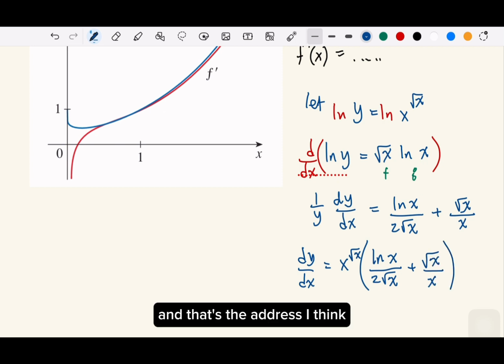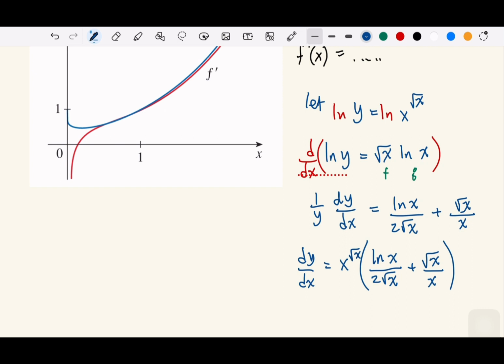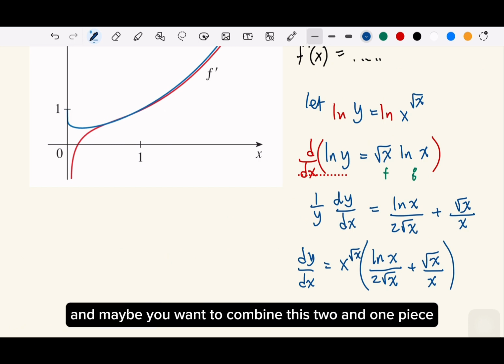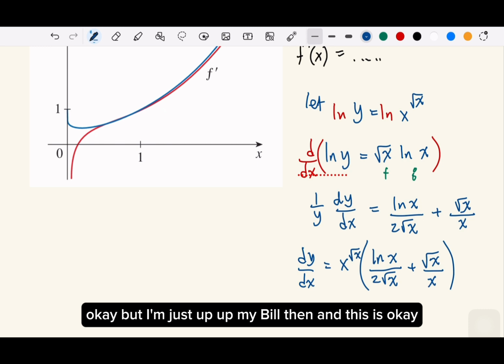Then that's the derivative. If you want to simplify and combine these two into one, it's okay, but I just stop at the answer.